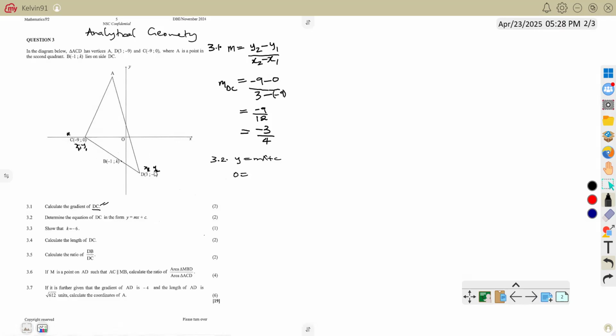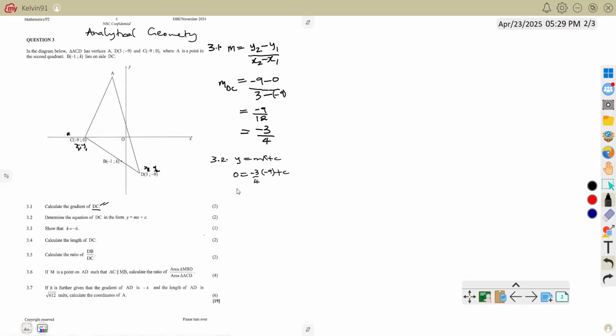Here we calculated our m to be -3 over 4. Then our x is given from the point that we decided to use. We take it to be -9, plus c, because we want to solve for our c.